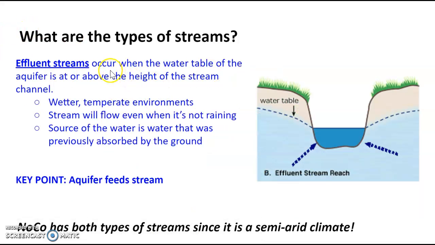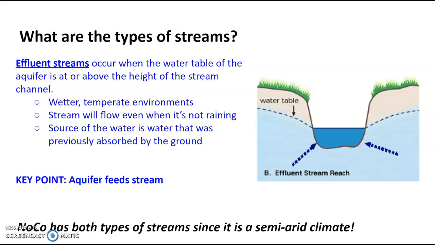Effluent streams are the other way around. So these occur when the water table is at or above the height of the stream channel. So the stream is deeper than the water table, so it's acting like a well. The bottom of the stream is down in the groundwater, and so water flows all the time. And this is more common in wet, temperate environments.